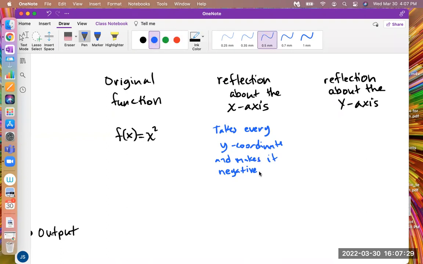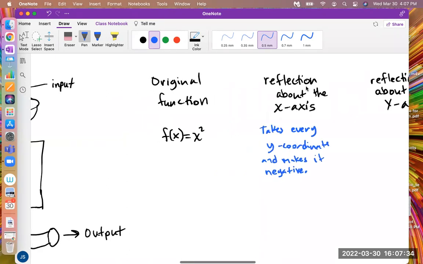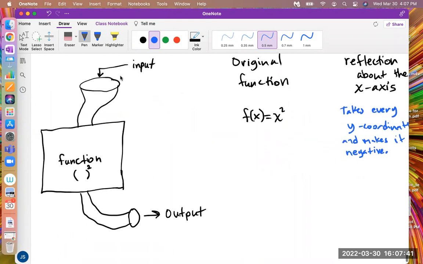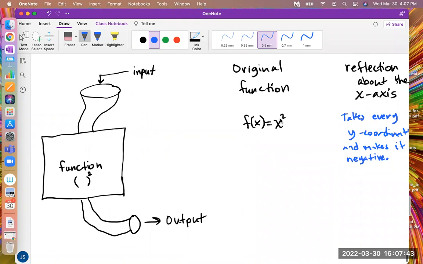Okay, so that means if I want to cause a reflection about the x-axis, we have to think about it like this. Let's say I have an original function, f of x equals x squared. Am I making the inputs negative, and the input is usually your x value, or the output, which is usually your y or g of x or f of x value, the function value?